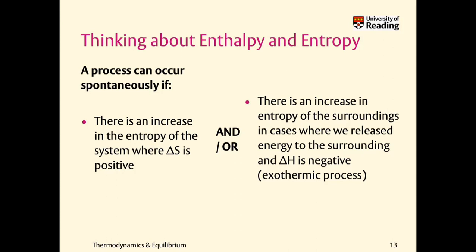For a process to be spontaneous, the entropy of the system needs to increase, so delta S needs to be positive, or we need the process to be exothermic and giving out heat, which will lead to an increase in entropy of the surroundings. These now define the processes where we will have a spontaneous reaction. And so these are highlighted on this slide.